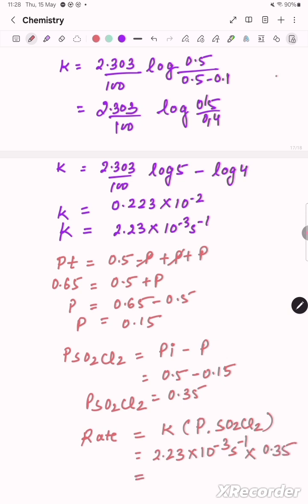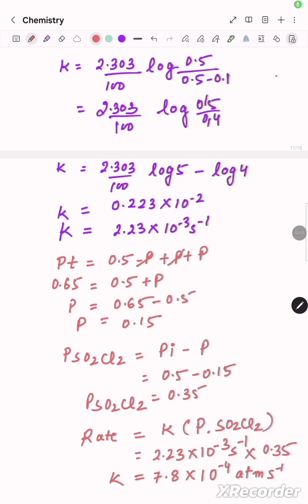So that will be equal to 7.8 times 10 to the power minus 4 atm per second.